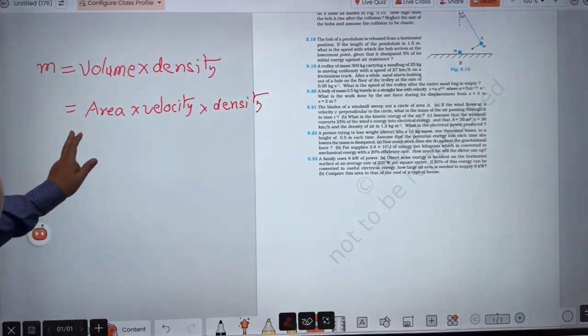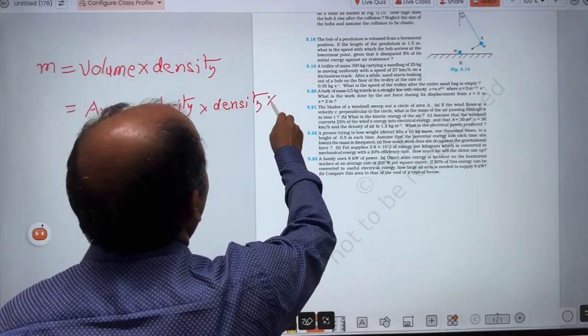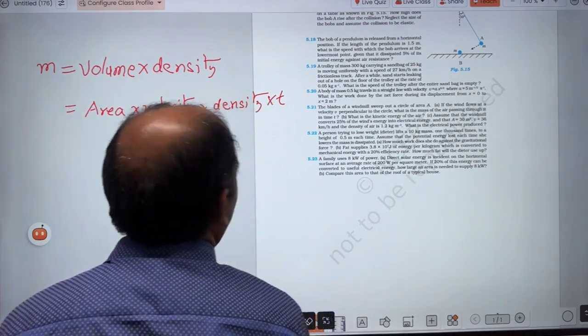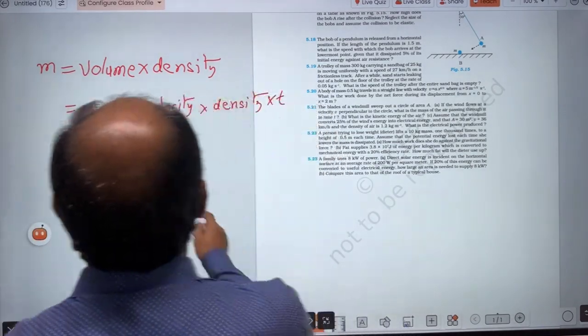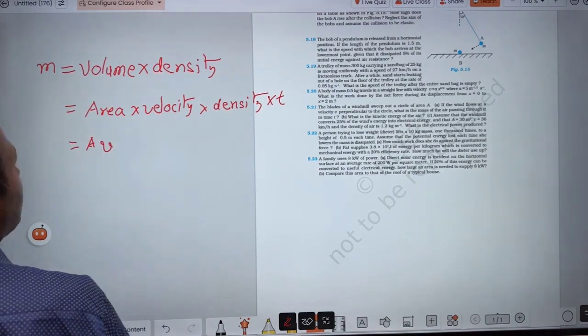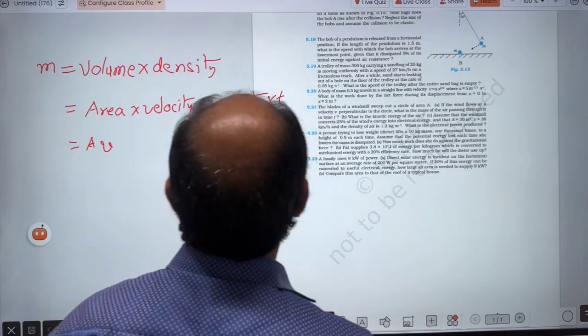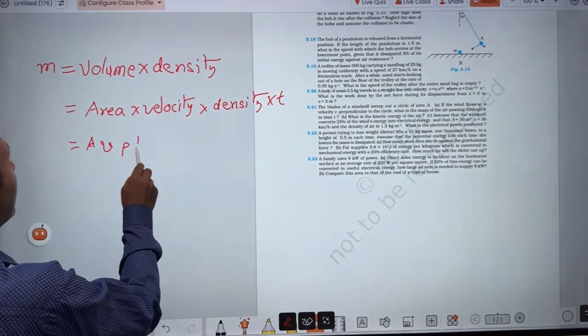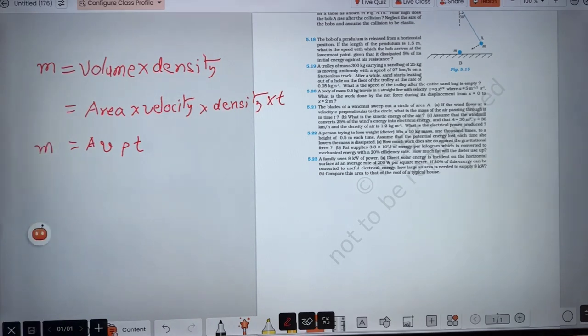So here we will get mass per second. We can multiply by time. If we put here t, now it is mass. So area is given as A and velocity is given as v. Density, suppose we take as rho, and time we can take t. So the expression for mass will be A v rho t.